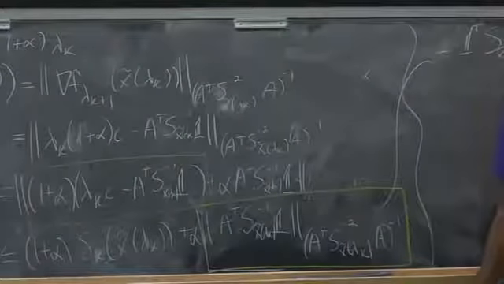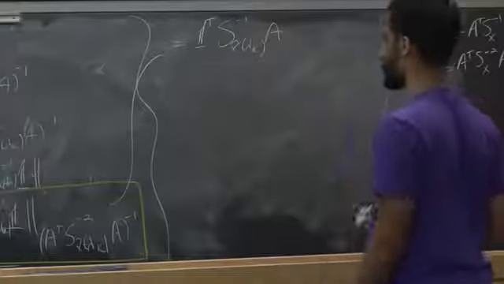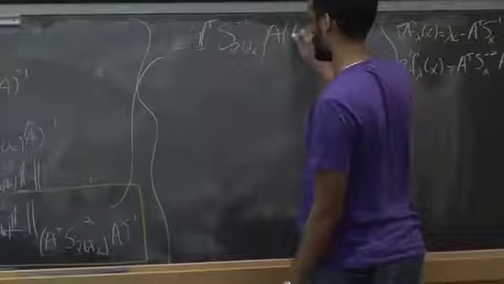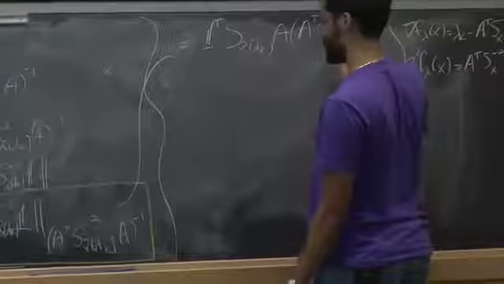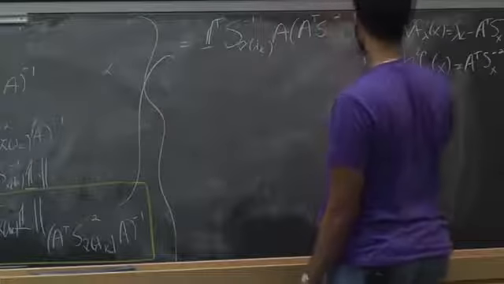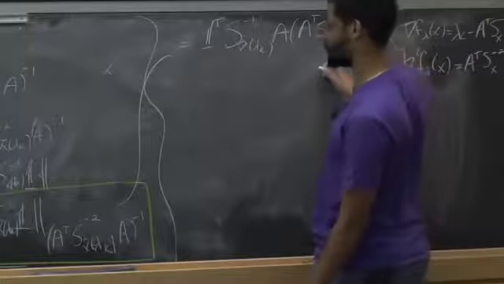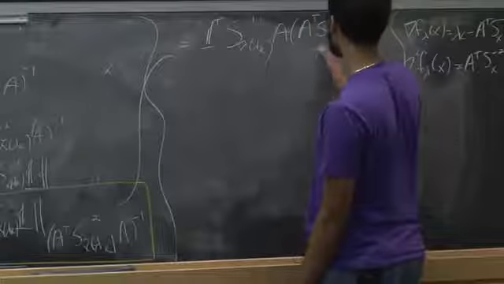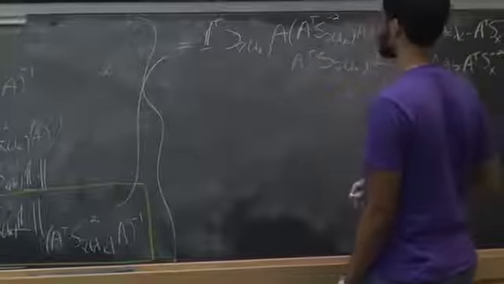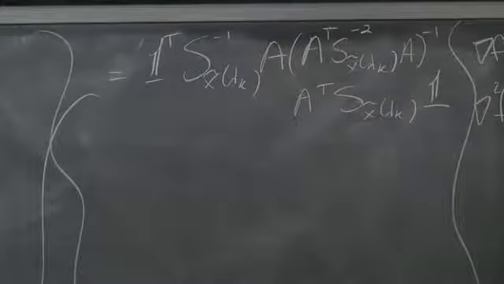And then A transpose S x tilde lambda k minus 2 A inverse. And then the same thing, A transpose S x tilde lambda k all at once. Okay, looks like a mouthful, but I claim that there's something special about this matrix.